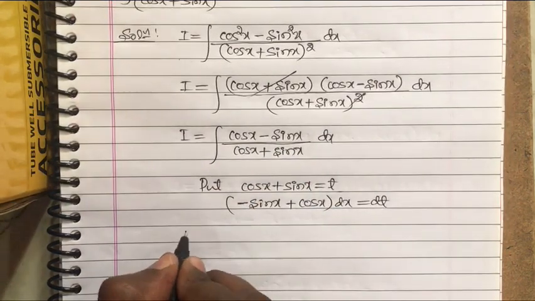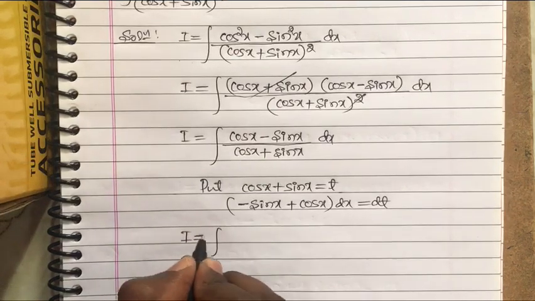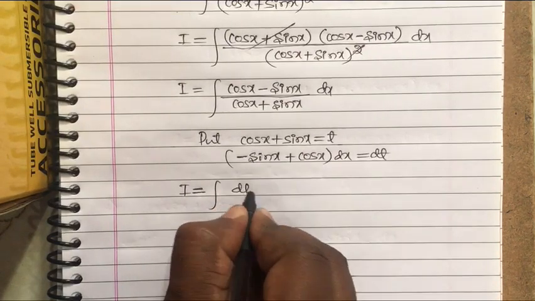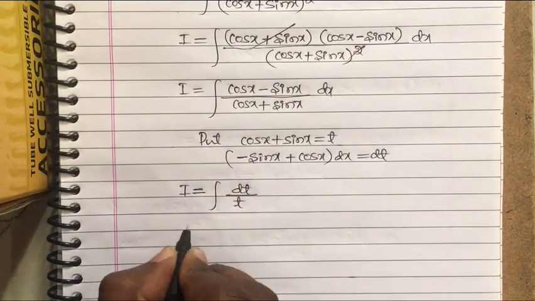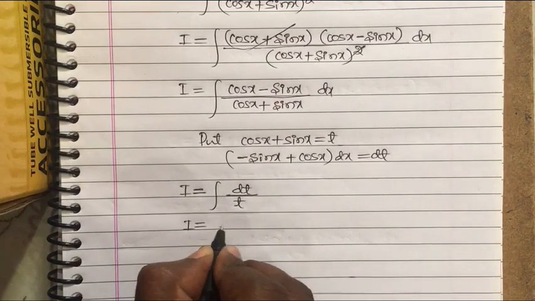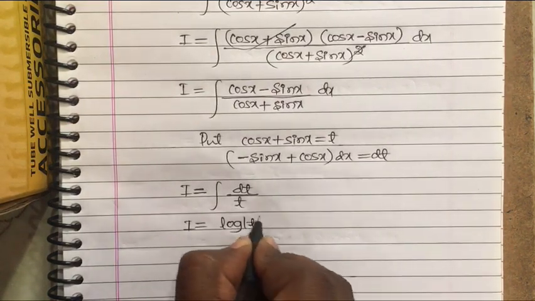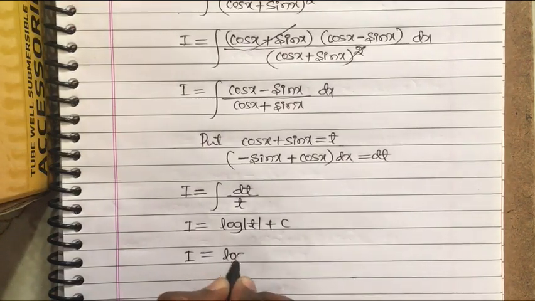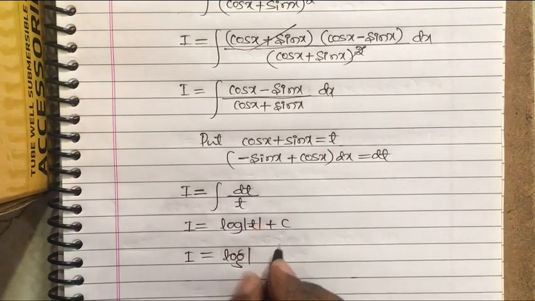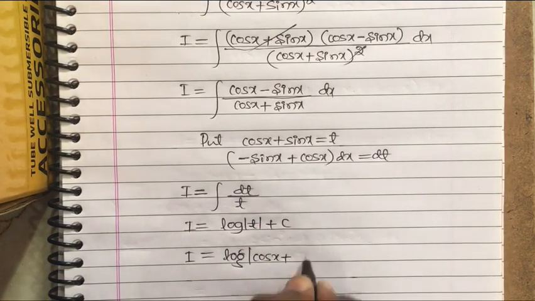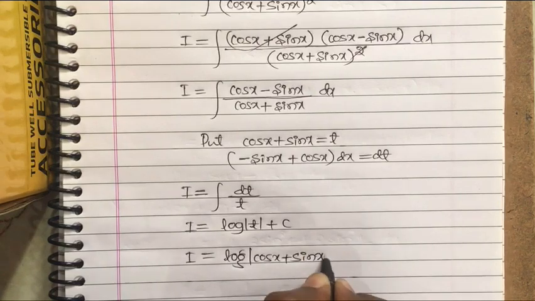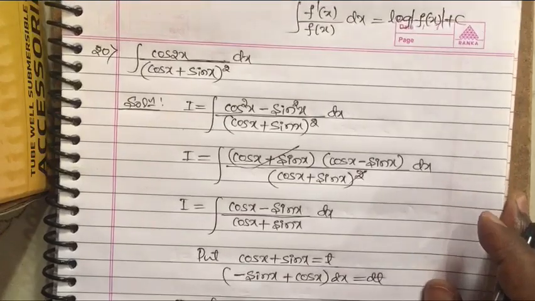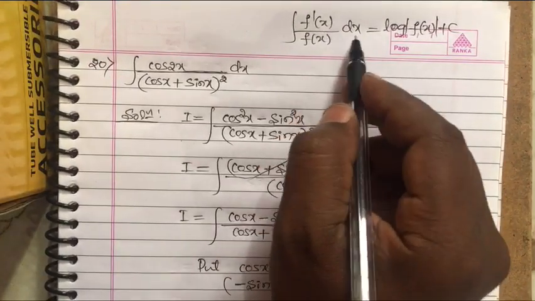Rewrite the integral: the numerator is nothing but dt divided by t, so I equals log mod t plus c. What is t now? It is cos x plus sin x, so I equals log mod cos x plus sin x plus c. So this is all about the 20th problem, or else you can use this formula directly.